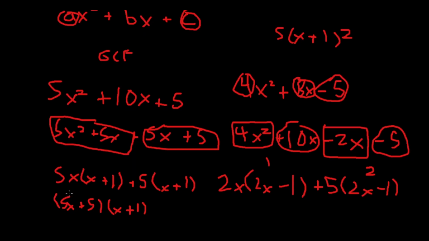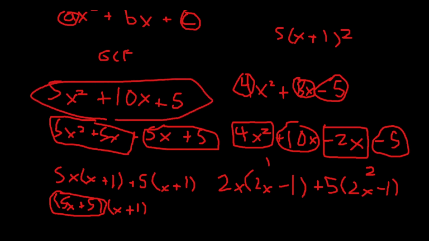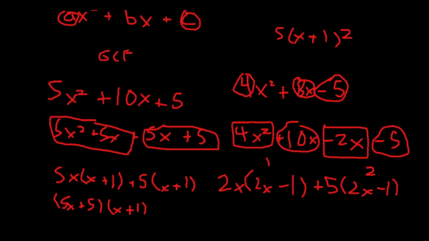When you have, let's look at 5x plus 5. The goal of factoring is to make something like 5x squared plus 10x plus 5 into multiplied parts. So we can actually divide 5x plus 5 by 5. Whoops, that's not 5.